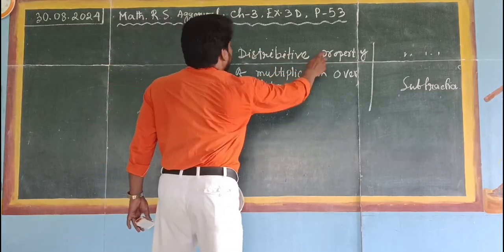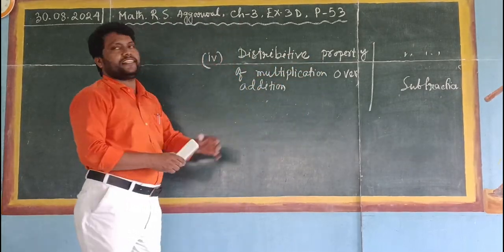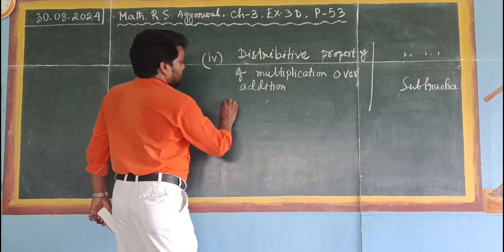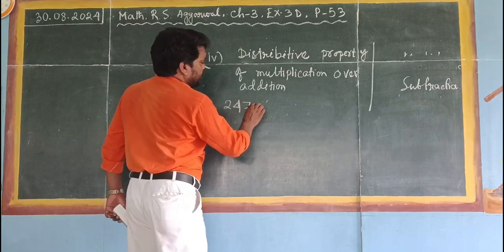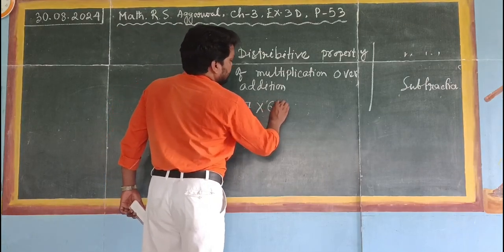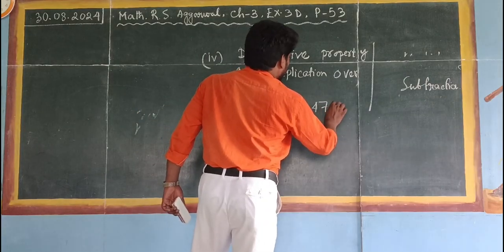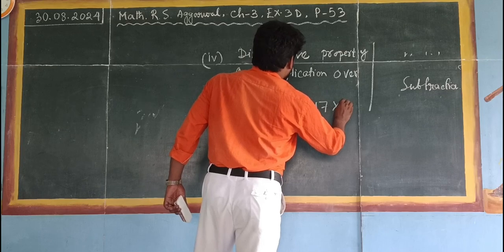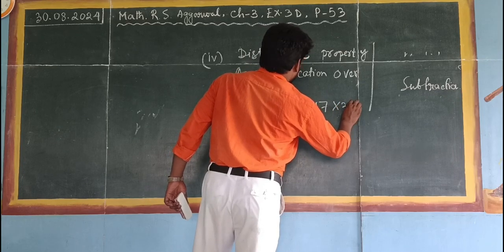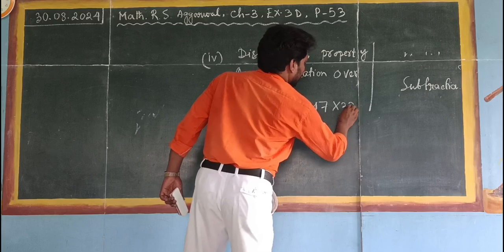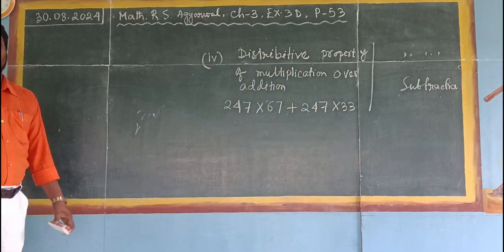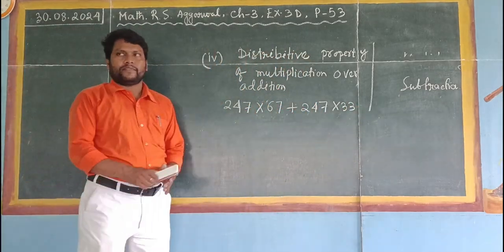Suppose distributive property of multiplication over addition: 247 into 67 plus 247 into 33. Okay, look very carefully.